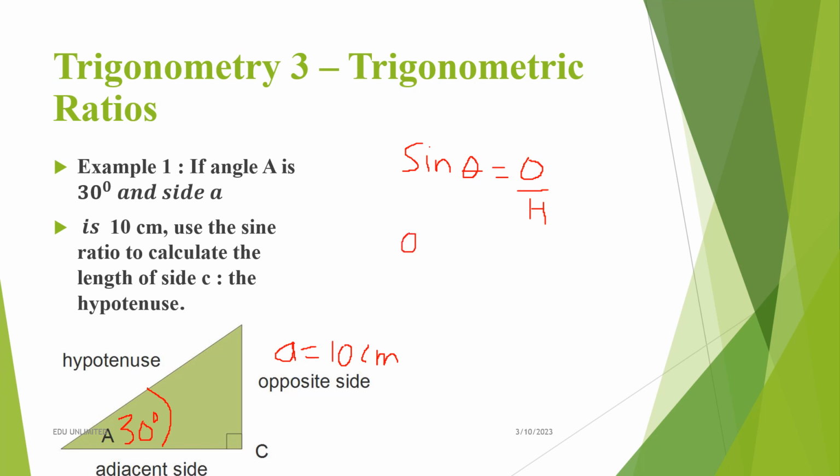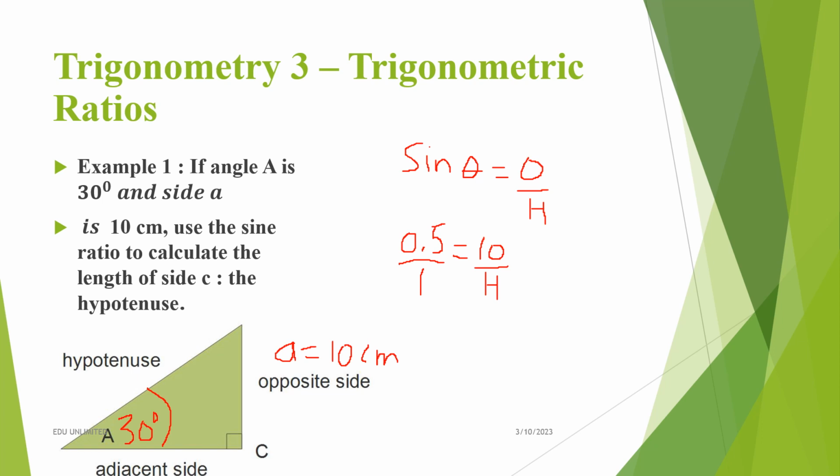When we plug that into our calculators, it would be 0.5. And the opposite side is 10 centimeters. But we do not know the hypotenuse, so we put h. And then we put 0.5 over 1. So 0.5 divided by 1 is 0.5.